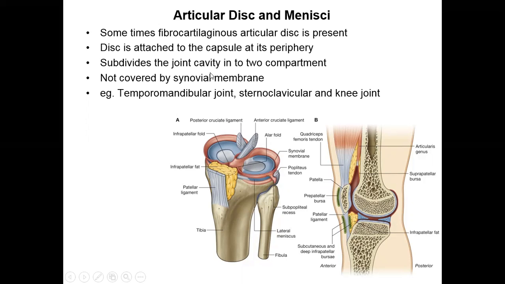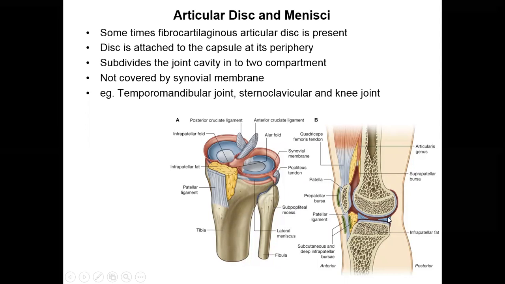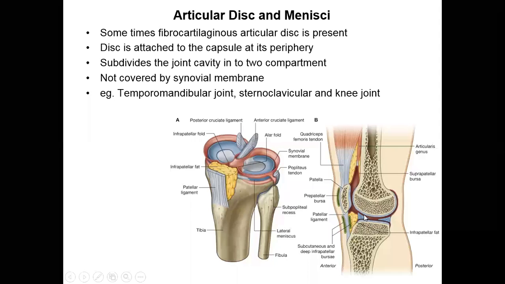Now the major function of the disc is that it divides the joint cavity into two compartments. This can be seen very well here. This is a disc, this is another disc, and this is a cavity. The cavity is divided into two parts: the upper part, which is above the disc near the femur, and the lower part, which is below the disc near the tibia.